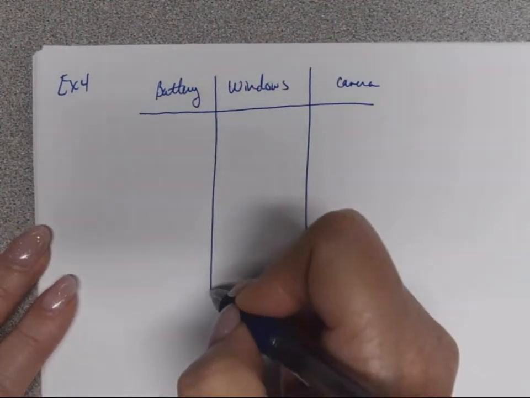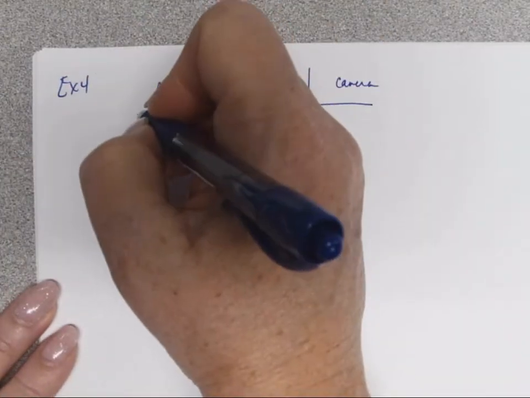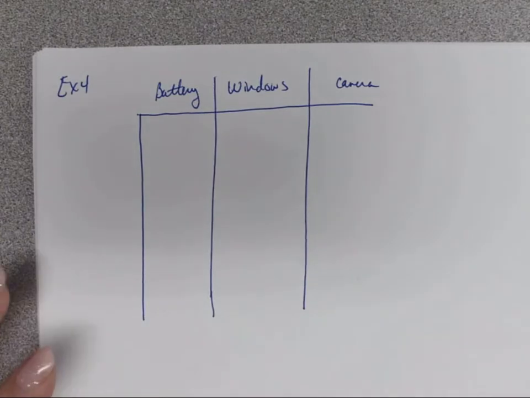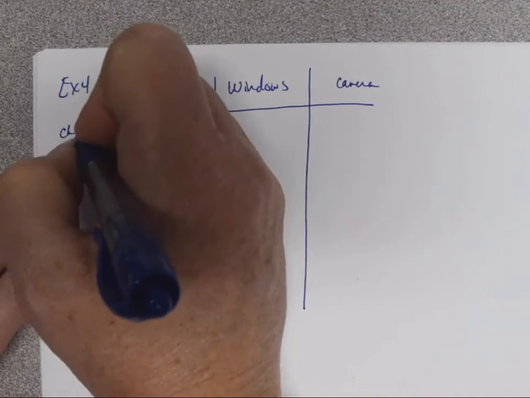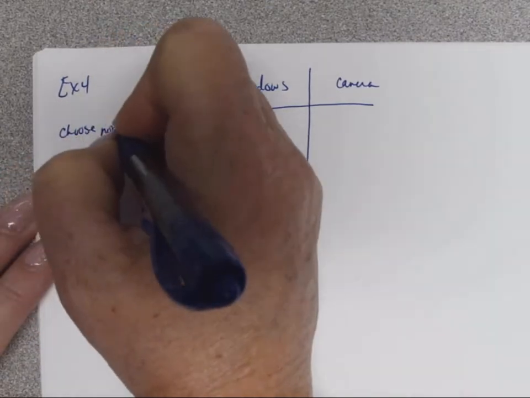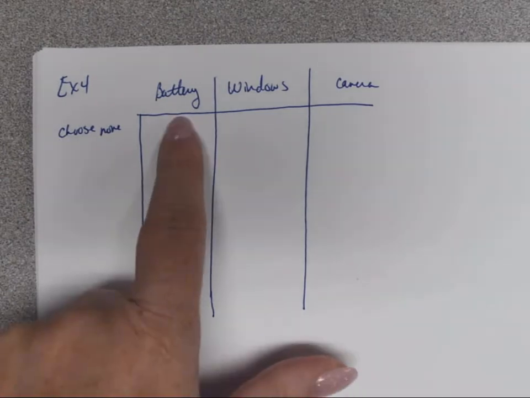All right, so here's the way we're going to work this. First of all, what are the choices he has? Remember, it's all depending on the cost. The first thing he could do is choose none of the options because it's too expensive. It's all going to come with a battery.